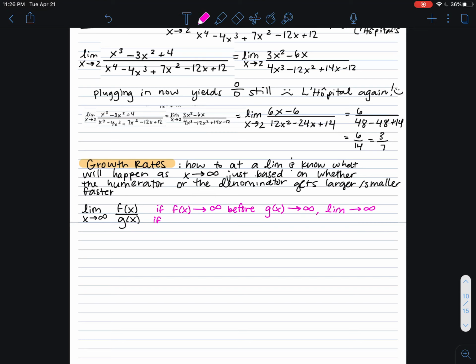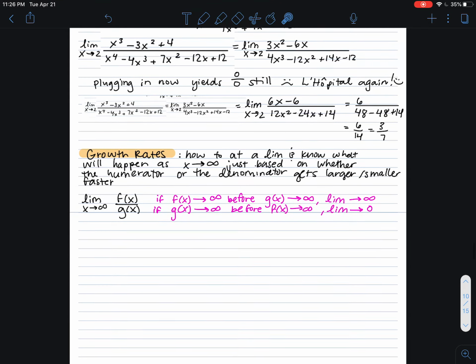On the other hand, if g of x gets to infinity before f of x does, then the limit is going to go to 0, because if this guy gets bigger faster, we're dividing basically a number by infinity, which we know is 0. If we have 10 chocolate bars and you have an infinite number of friends, remember you get 0 chocolate.